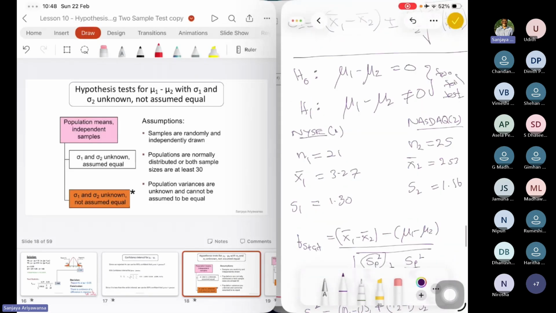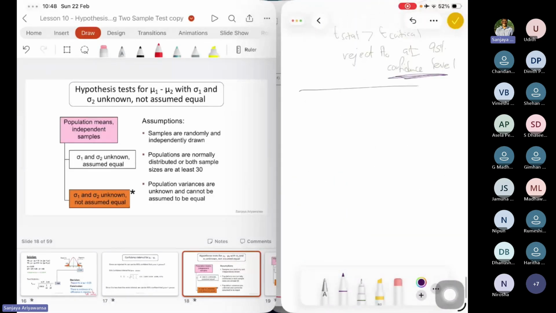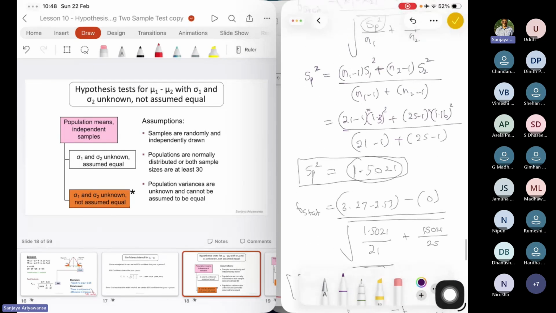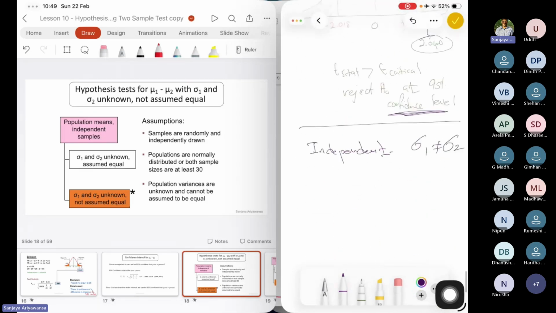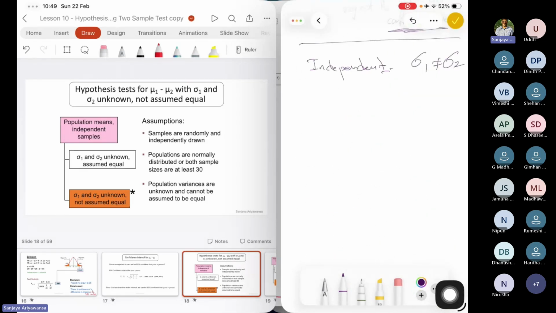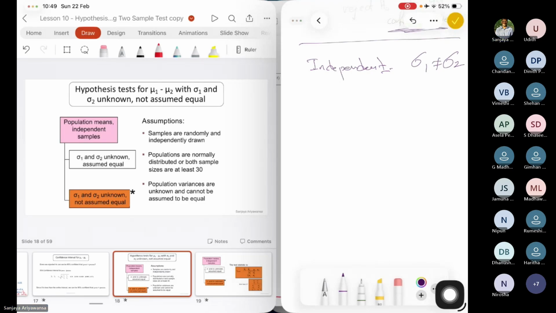Next case is still we're looking at two samples that are independent, but sigma 1 and sigma 2 are not equal. Because sigma 1 and sigma 2 were equal, we calculated the pooled sample variance, Sp squared. We were able to calculate this because we assumed that the two population standard deviations were equal. But now we're saying a harder case where they're not equal.